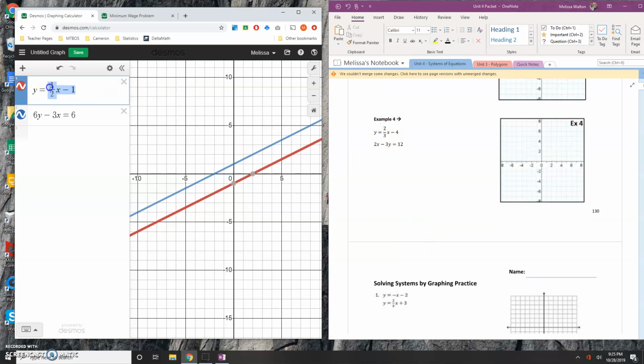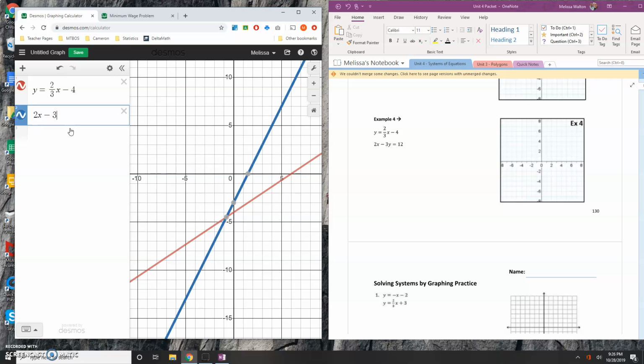For our first one, we have y equals 2/3 x minus 4. And for my second equation, I end up with 2x minus 3y equals 12. What? When I graph this, well, hot darn, those are the same lines. Now, here's the deal. We have tons of solutions for this one. We have 0, negative 4.